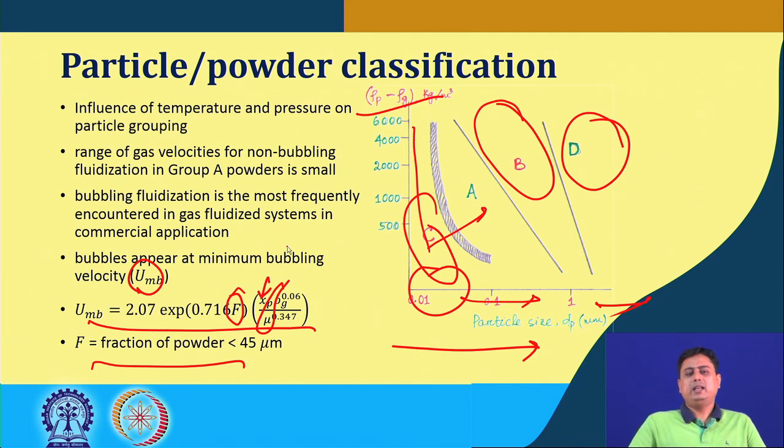Similarly, there are several relations that are available, like the minimum fluidization velocity. Similar to that, we have minimum bubbling velocity, the point where the bubble starts to form, from non-bubbling region to the bubbling region.